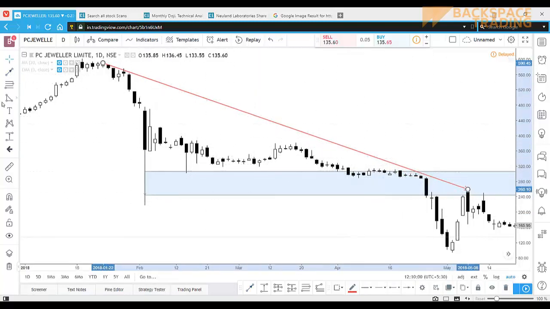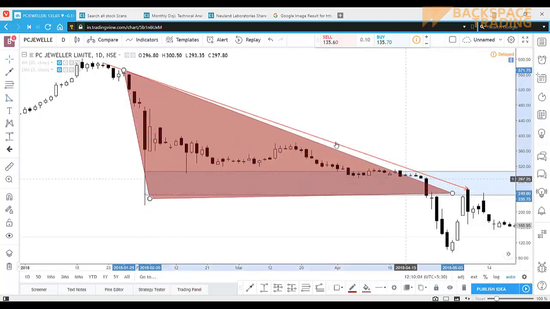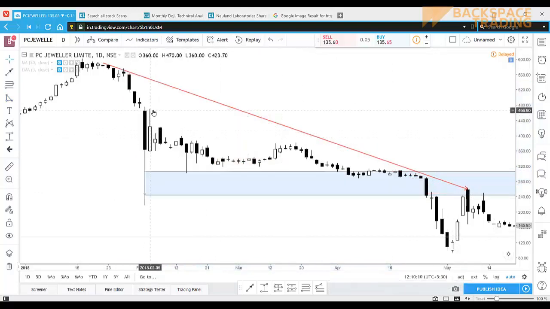This is a descending triangle, something like this. But even without knowing the names descending triangle or ascending triangle, you already know that price making lower highs is a downtrend, and when price consolidates like this, it's a consolidation, and a breakdown of consolidation gives you the opportunity to sell it, and there you go.